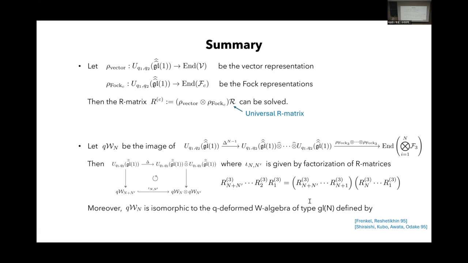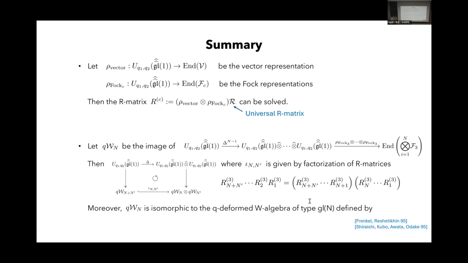For the quantum toroidal algebra, there are two types of representations. One type is called vector, and the other is called Fock. So there's some infinite dimensional vector space V and F_C, where C is some label, some orientation, a choice from 1, 2, 3.